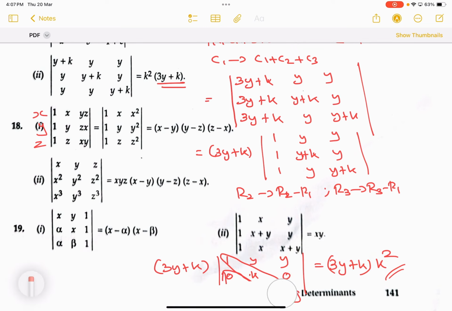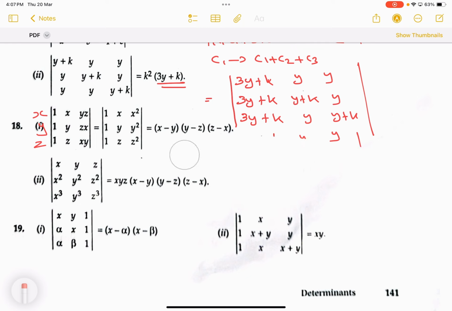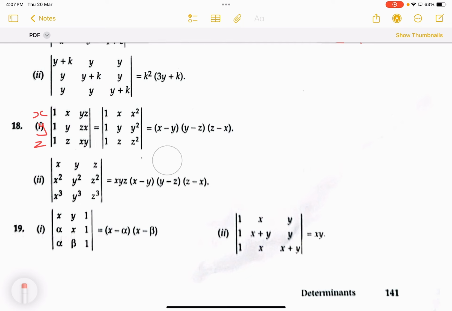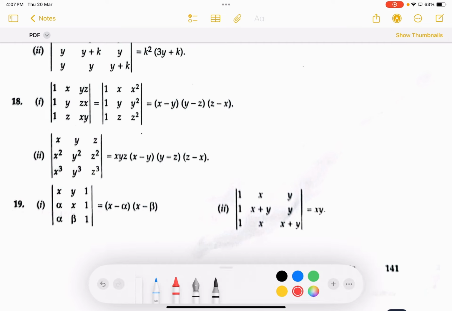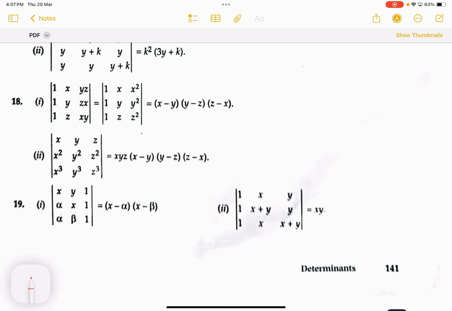Fine. Caroline, which question are you doing? 18 first one. Then how do you get the second part of the answer? I'm telling you, wait. Now listen. For the 18th one, what you are supposed to do: row 1 multiply by x, row 2 multiply by y, row 3 multiply by z.